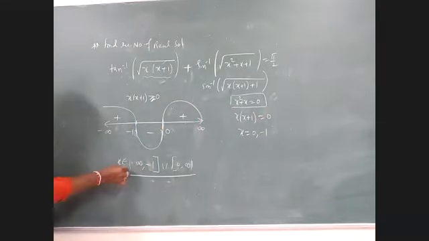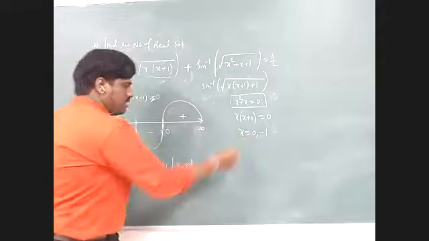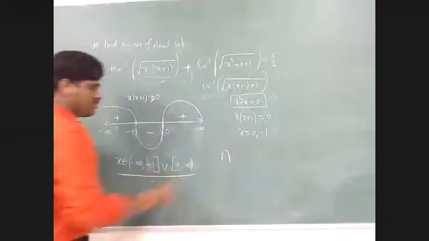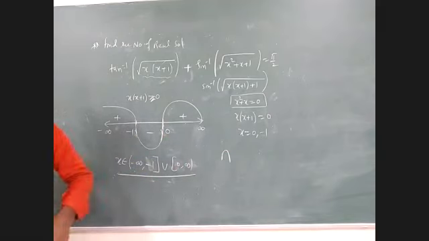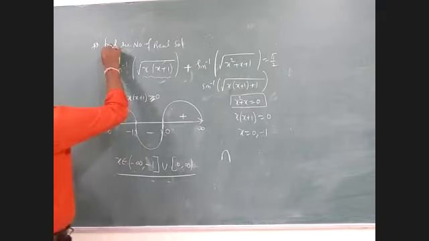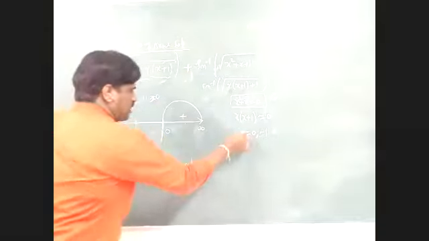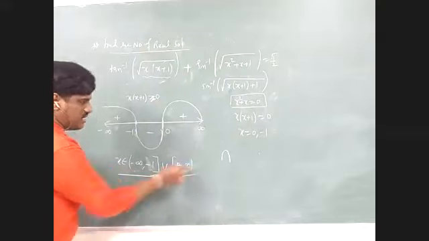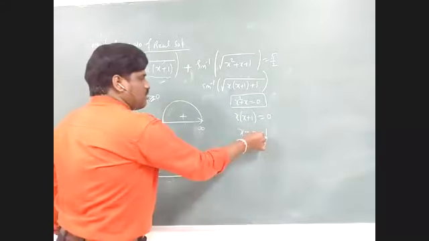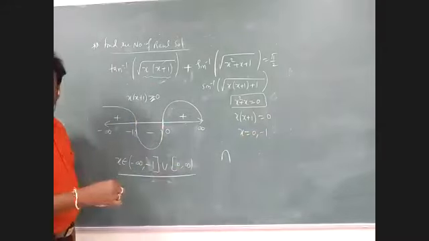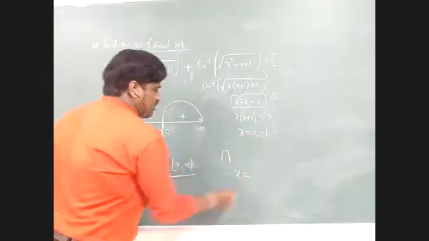Here I got this one, and here I got this one. What is the intersection of these both? The intersection answer is 0, minus 1. So, the number of real solutions he asked. Intersection of 0 to infinity, minus infinity to minus 1, and x is equal to 0, minus 1.